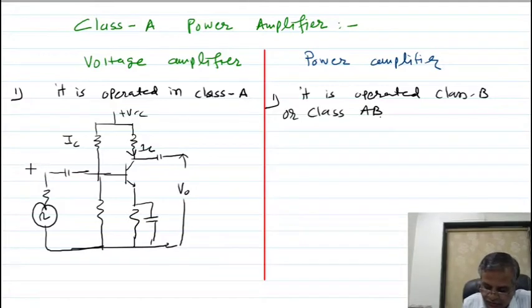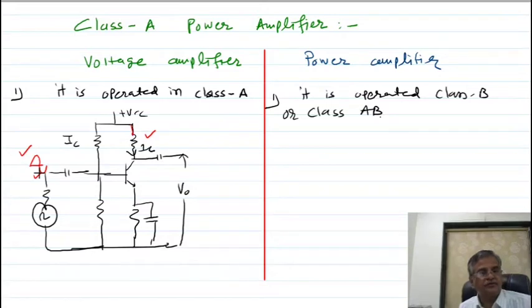Then in this collector, current flows for both the positive and negative half of the AC input cycle. When collector current flows for both halves of the AC input cycle, this mode of operation is called class A.